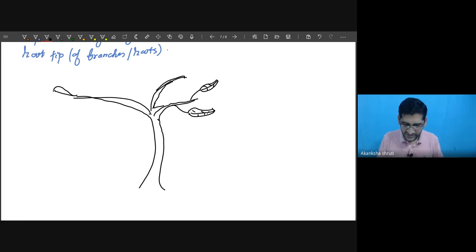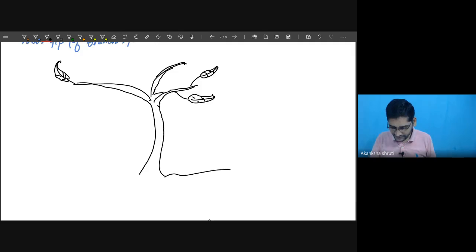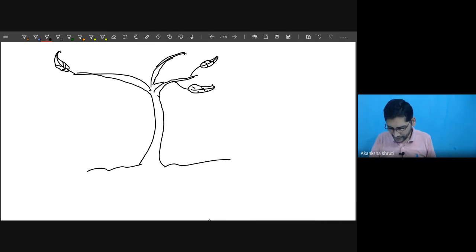I'm not designing the plant, but just for example, we have to understand. Observe it carefully. This I am considering the ground. Now, there are roots.